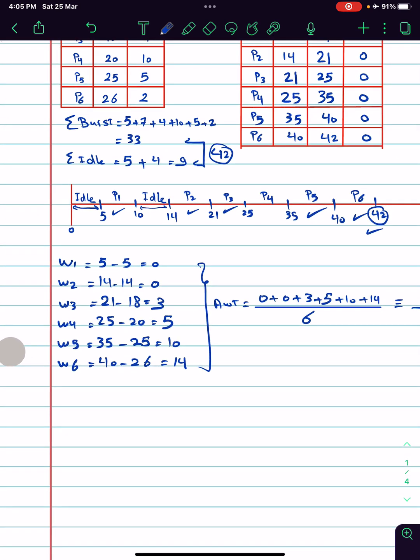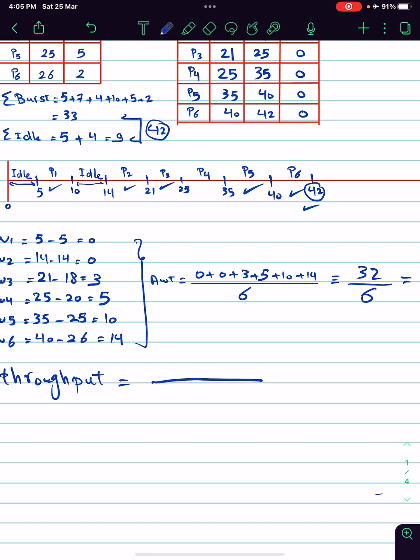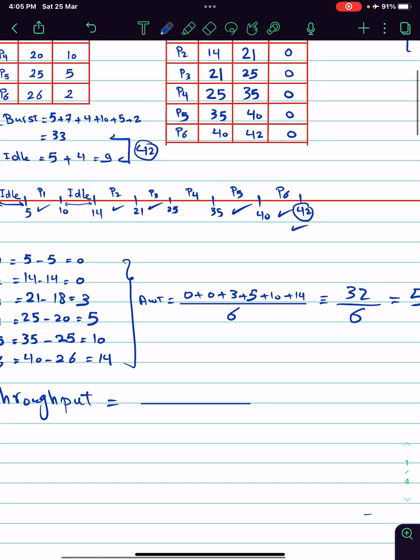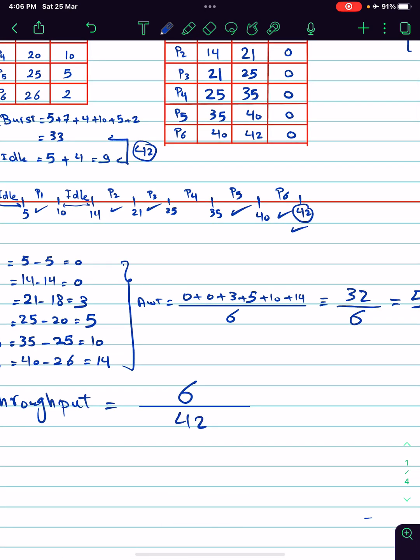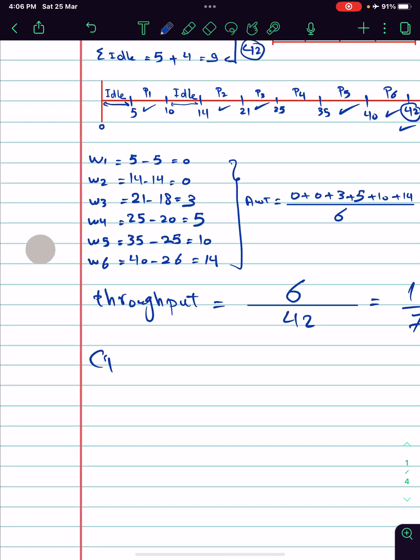Now let's calculate the throughput. Throughput equals number of processes, we have 6, divided by the total time, that would be 42, which is going to be 1 divided by 7. How about the CPU utilization?